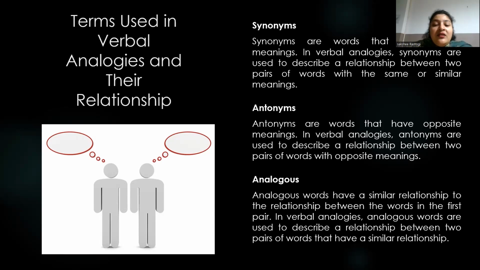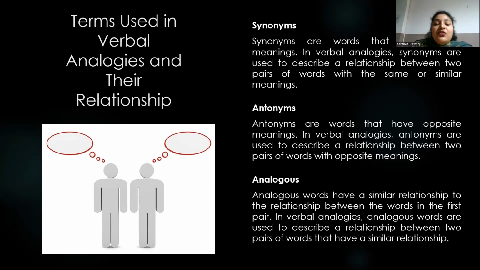In verbal analogies, relationships are used to identify connections between words or concepts such as eye, see, ear, and hear. The relationship between eye and see is analogous to the relationship between ear and hear. Both relationships involve a sensory organ and the sense it provides.